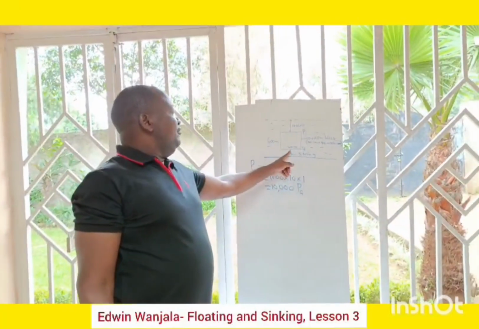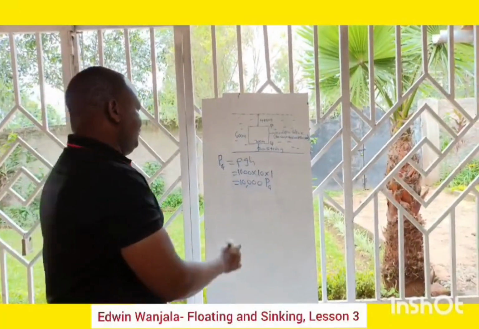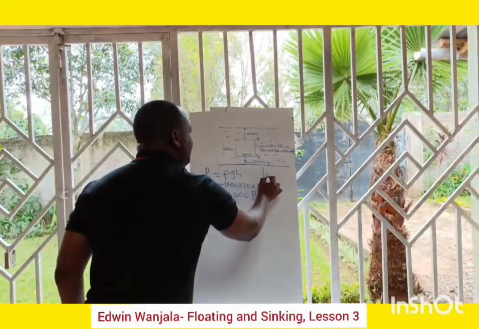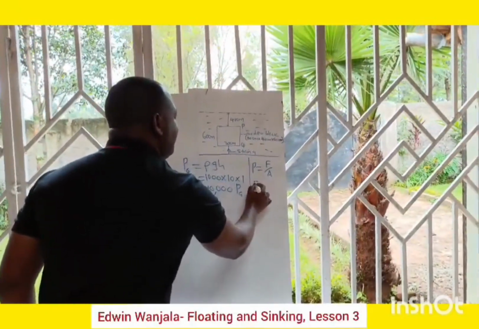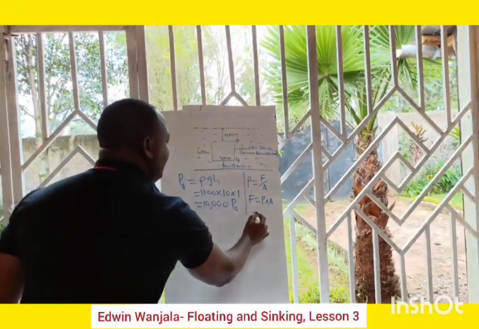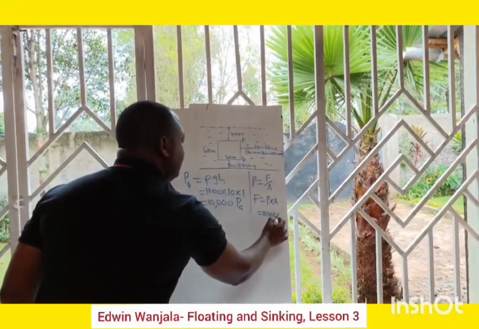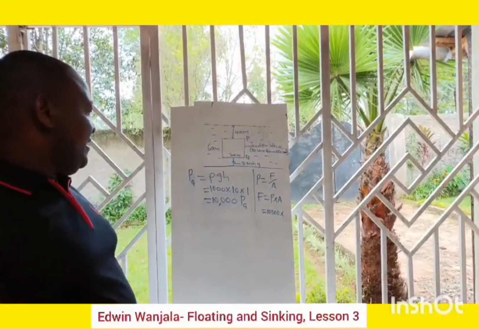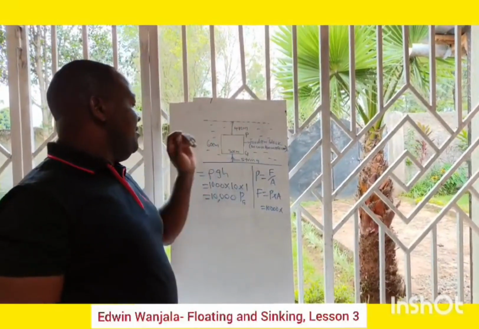So we need to determine the force on surface Q exerted by the water. So how do we get that force? We say pressure is equal to force over area. Therefore, force is equal to pressure times area. So in this case, the pressure is 10,000 times the area of the bottom surface, which is 30 centimeters by 40 centimeters.